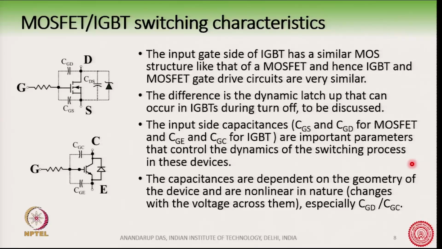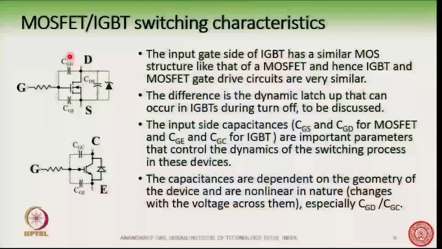I would like to restrict myself to the fact that the capacitance values change with the application of voltage across them. So, these capacitors, for example CGD or CGC, are highly non-linear in nature. So, this is the challenge. How do you charge or discharge the capacitors in a fast time where the capacitances are non-linear in nature?